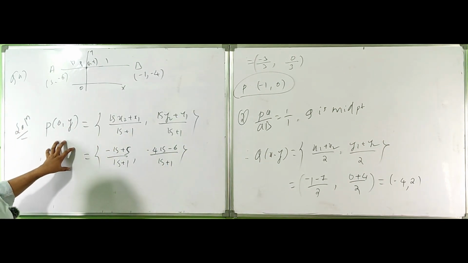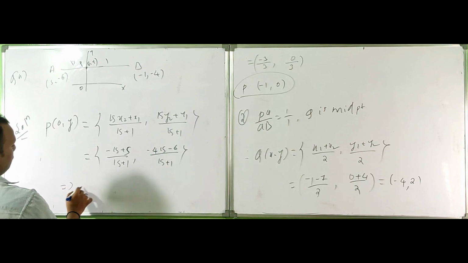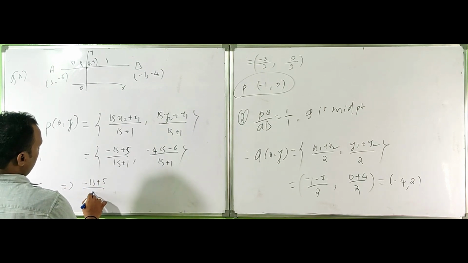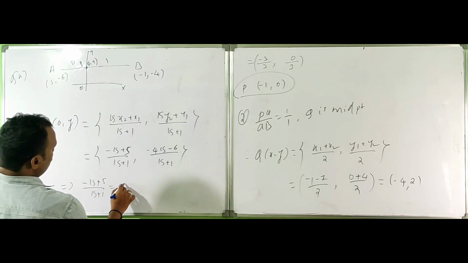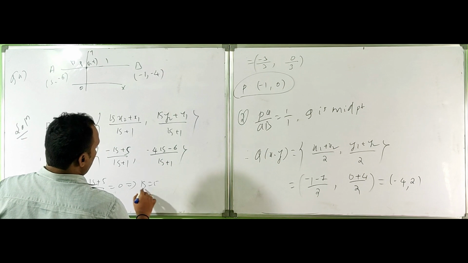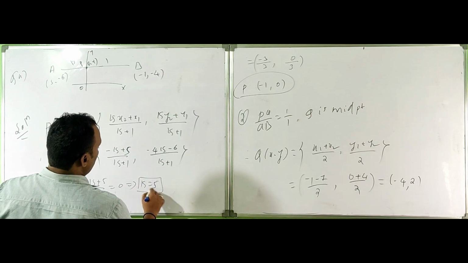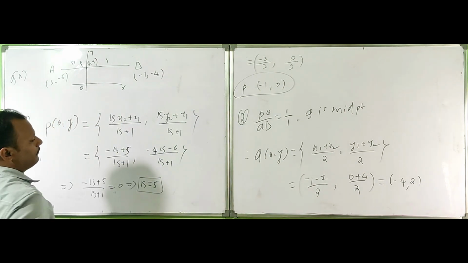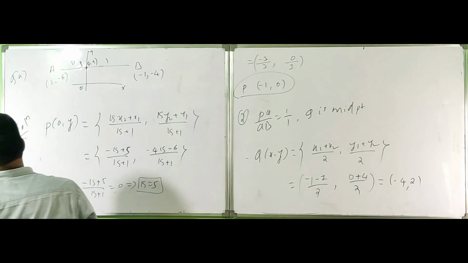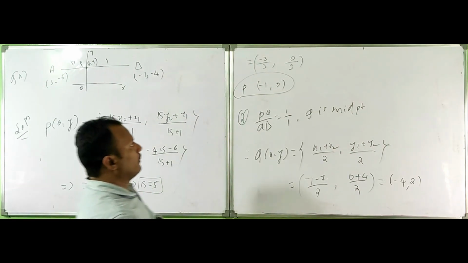Here x is 0, so (minus k plus 5) by (k plus 1) is equal to 0. This implies k is equal to 5.